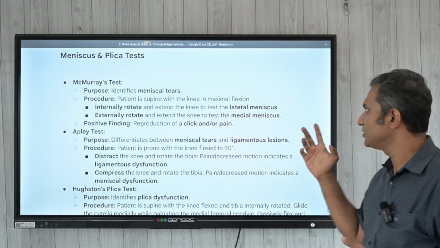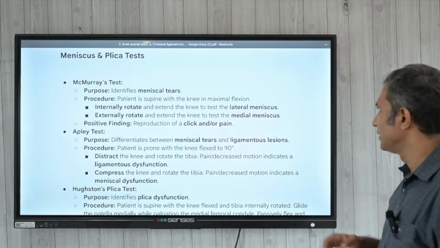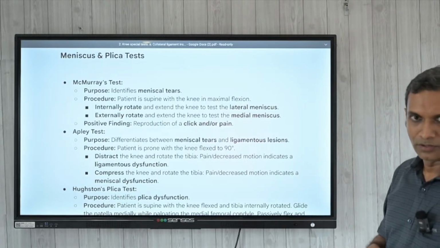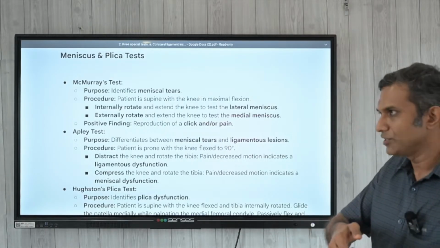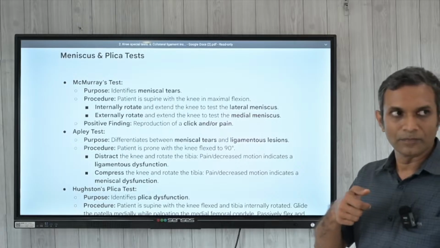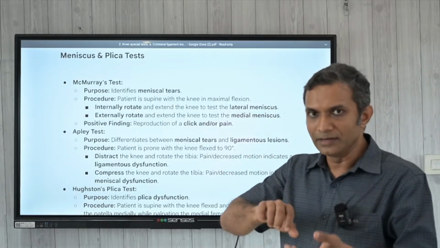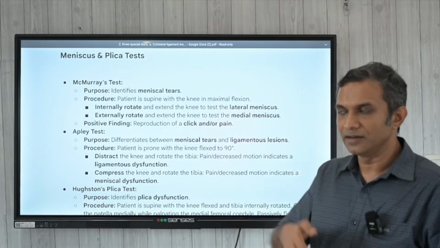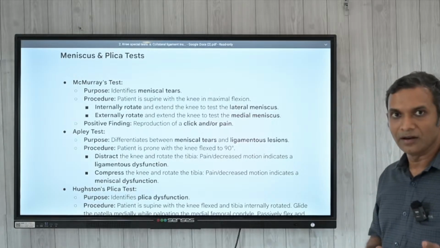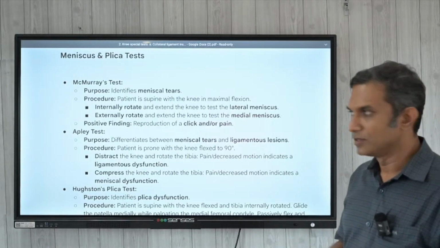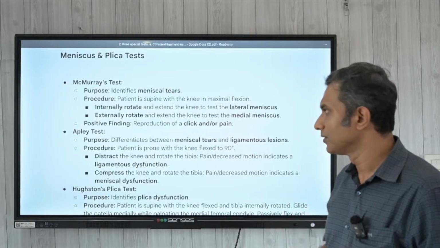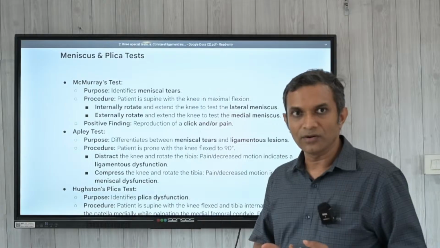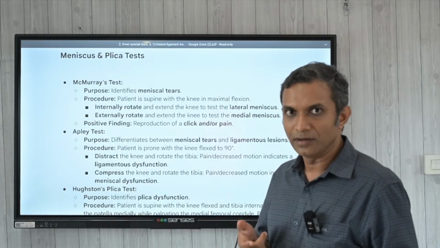Here the patient is in supine and the knee joint is in maximum flexion. When we do an internal rotation and extend the knee, the lateral meniscus is stressed. Internal rotation with extension stresses the lateral meniscus, and external rotation with extension stresses the medial meniscus.